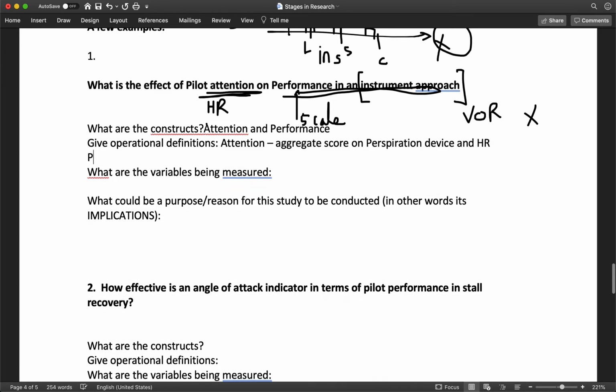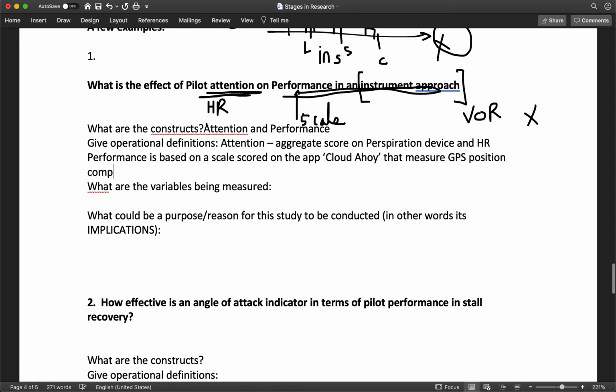You could say that performance is based on a scale scored on the app CloudAhoy that measures GPS position compared to the official instrument approach, right?